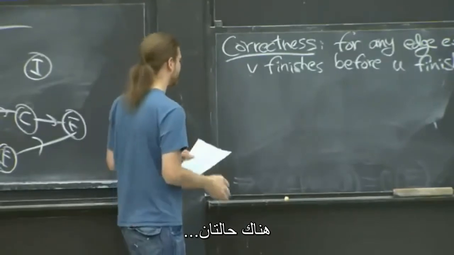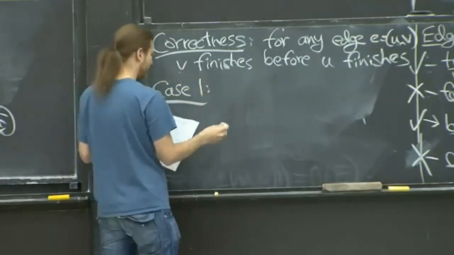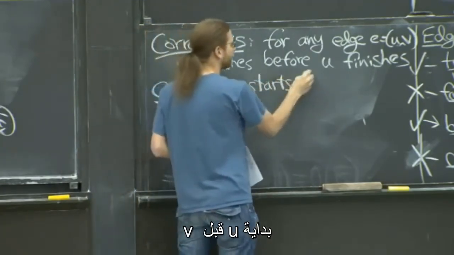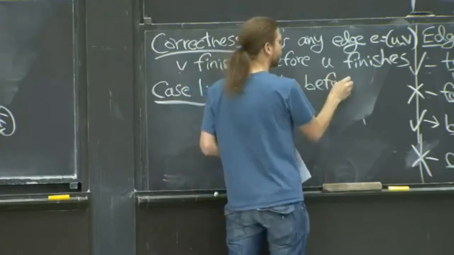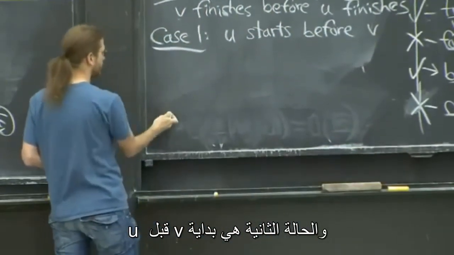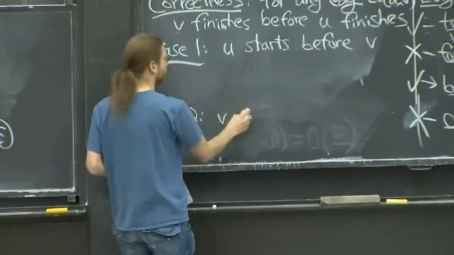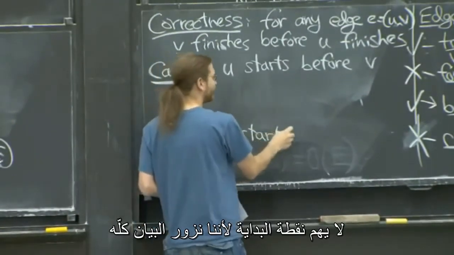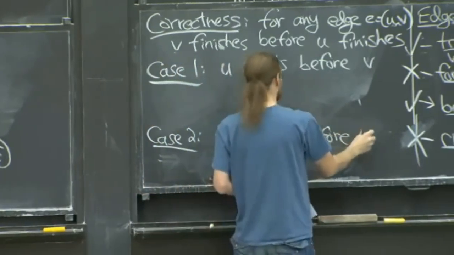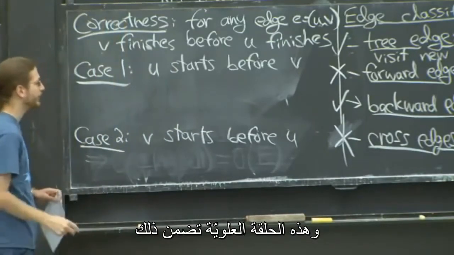Well, there are two cases. Case one is that u starts before v. Case two is that v starts before u. At some point they start because we visit the whole graph. This top loop guarantees that.